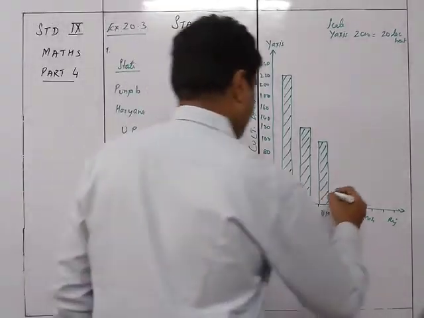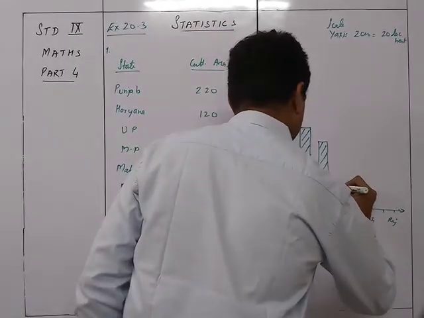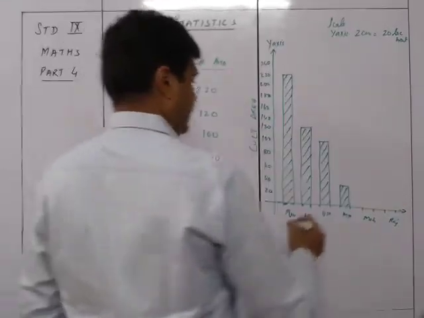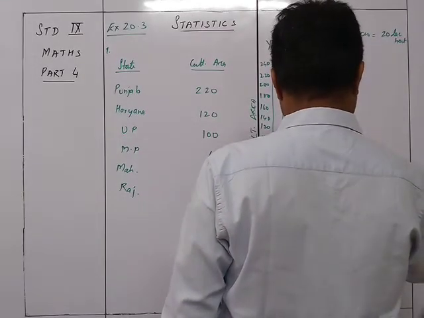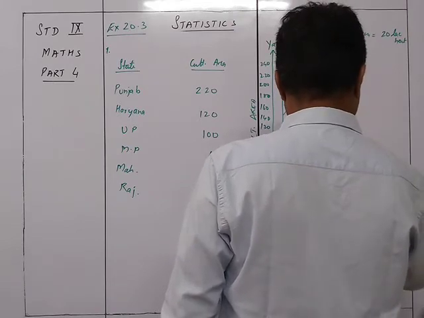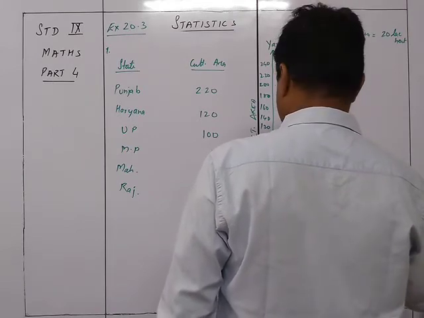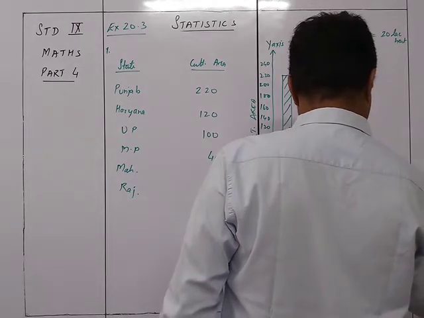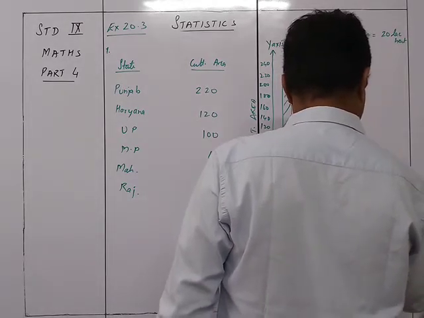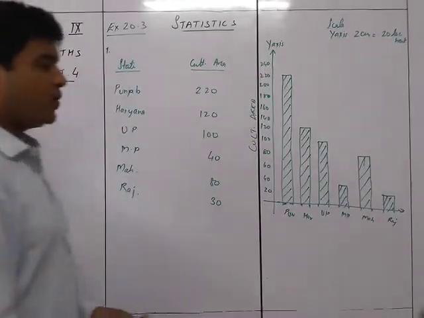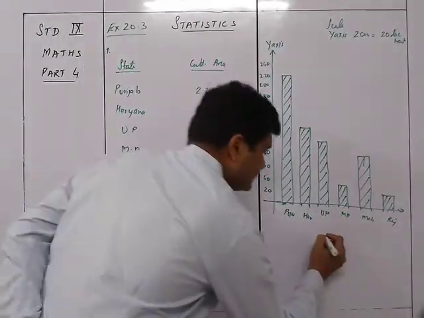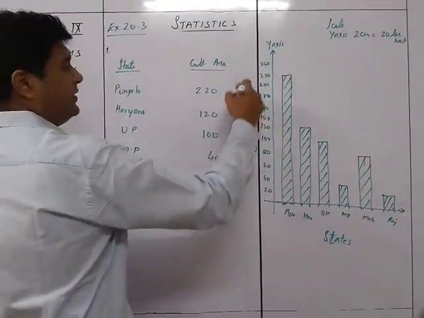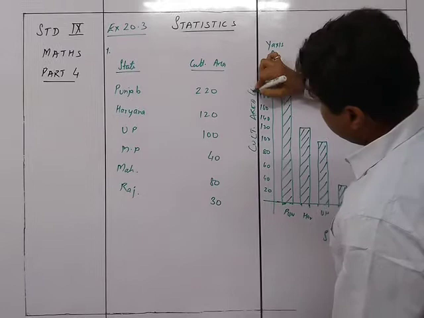Then 40. 80, and 30. So this is our required bar graph. So here it's the states, and this is the cultivated area in lakh hectares.